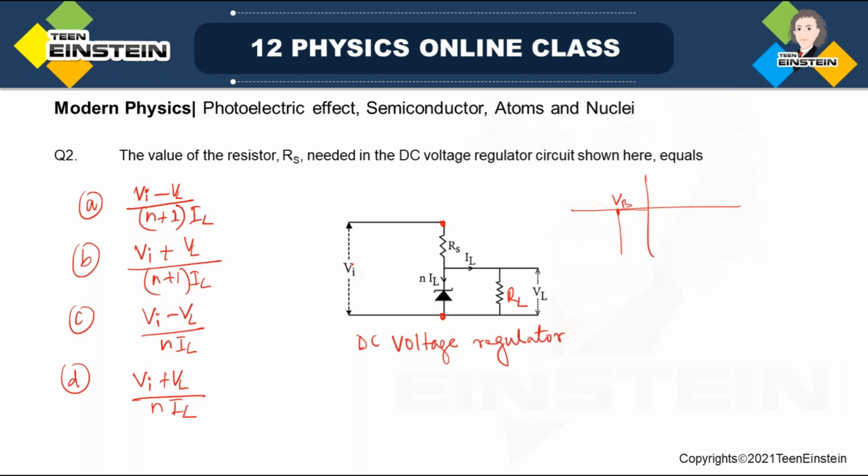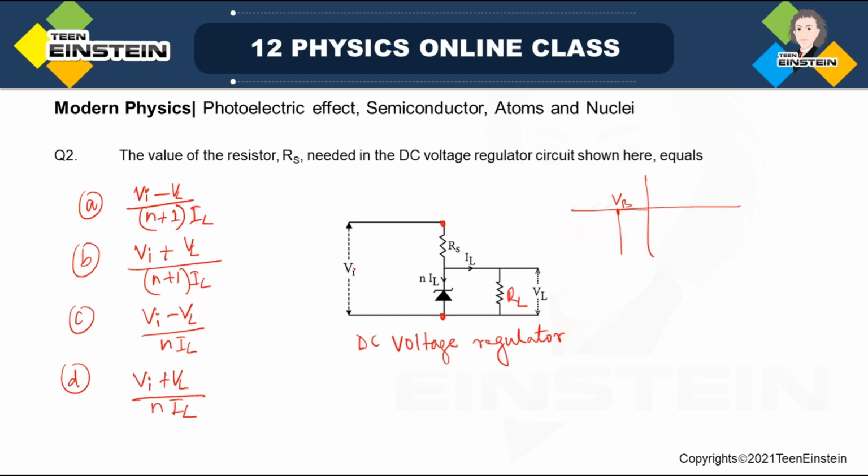Even if current changes in this diode, the voltage across the diode doesn't change. That's why this particular voltage across this diode can be used as a stabilized DC voltage.